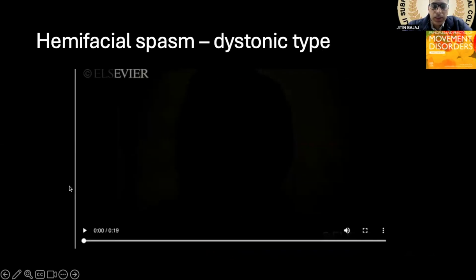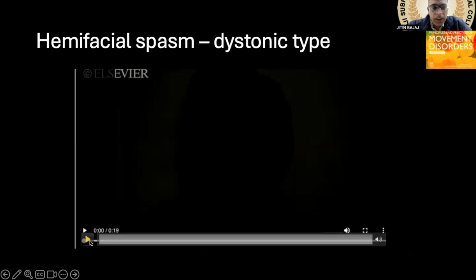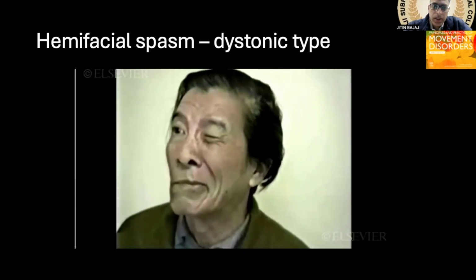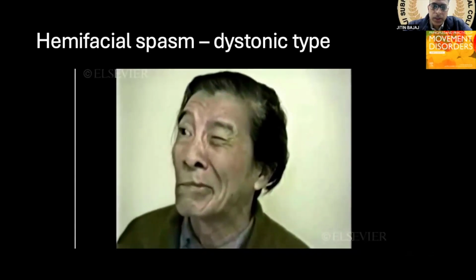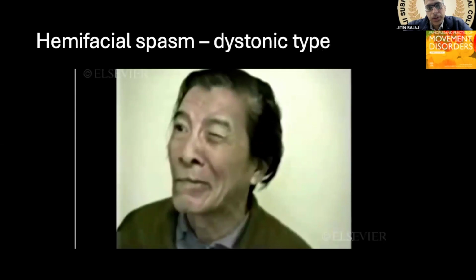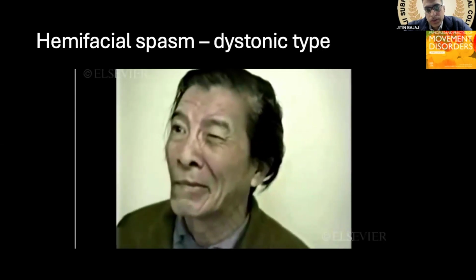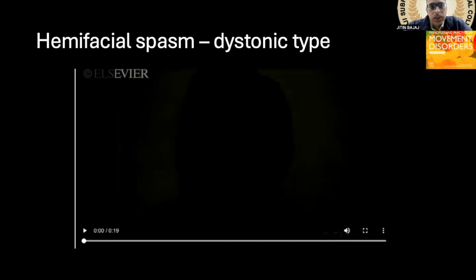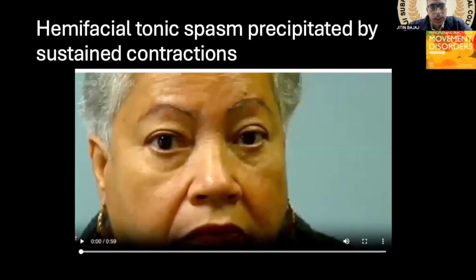Hemifacial spasm can also be of the dystonic type, in which there is dystonia of the muscles of the eye. Again, in this patient you will see the eyebrow is moving slightly up compared with the contralateral eye. So this was hemifacial spasm of the dystonic type.